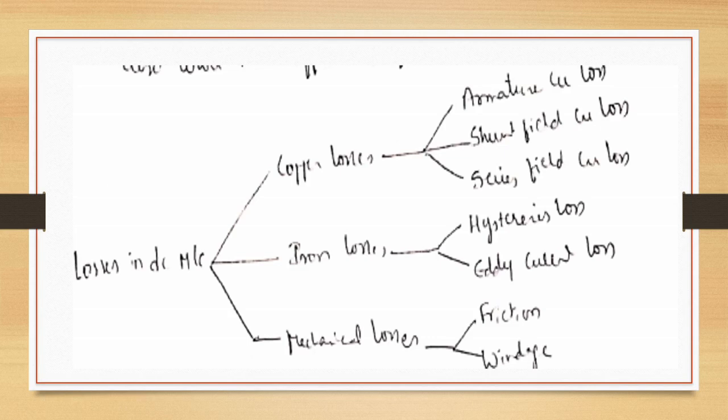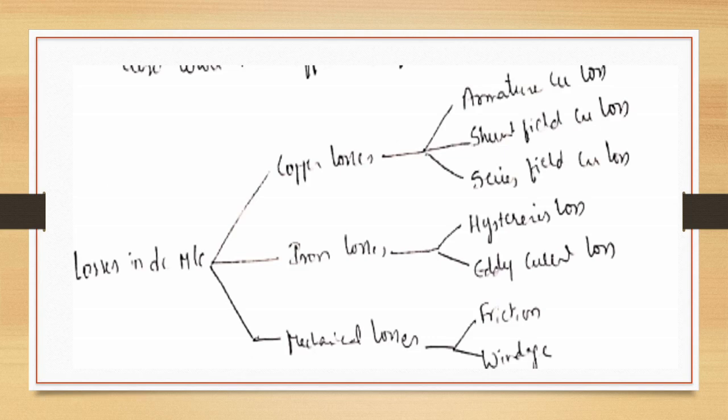Eddy current losses are the losses occurring in the core, because some amount of current which is not useful is flowing in the armature core. We want the current to flow only in the winding, we don't want it to move into the core. Because of that waste current, some losses take place, that is called eddy current losses.